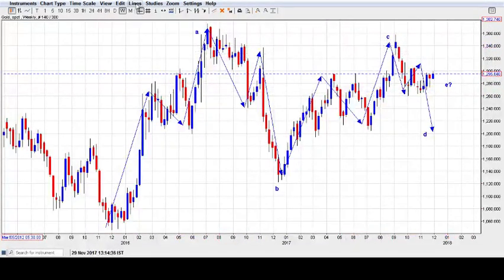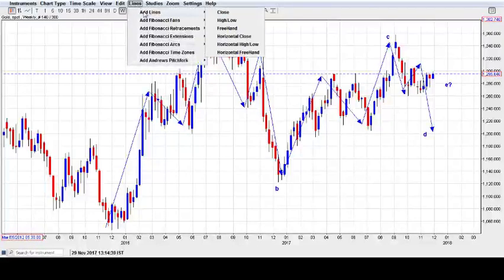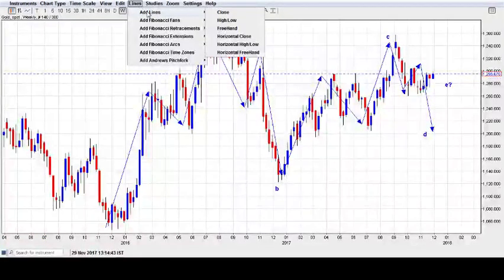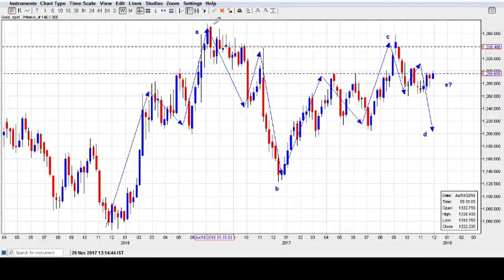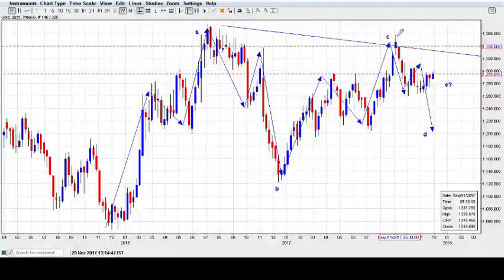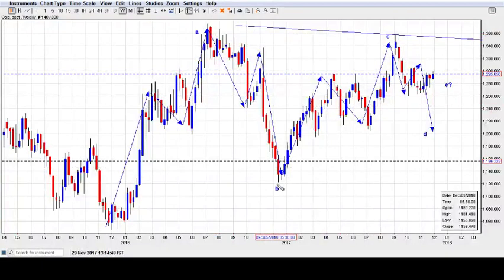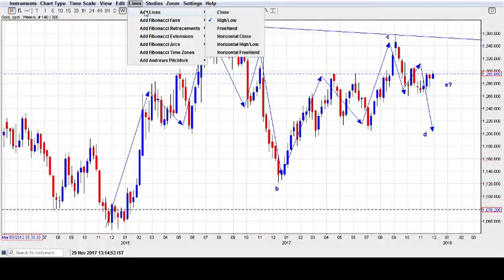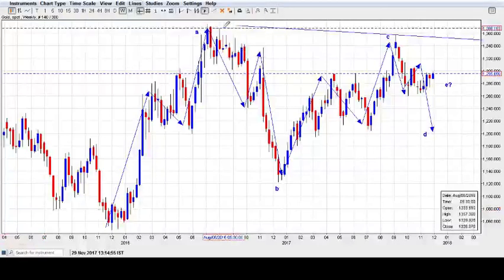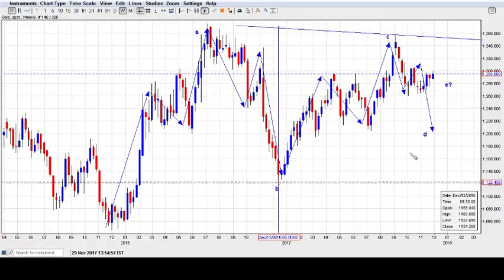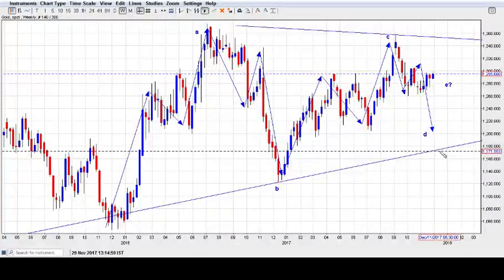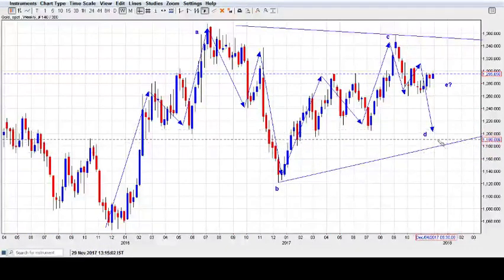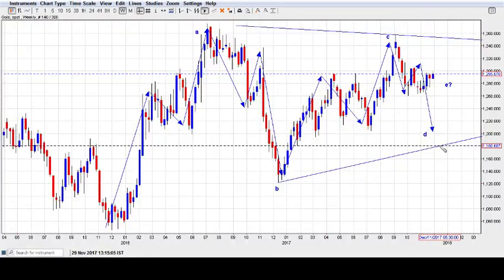So if I connect the dots here for a triangle setup, that would be AC, and we are expecting a BD, somewhere here. It could be dropping towards 1200 or maybe 1180.